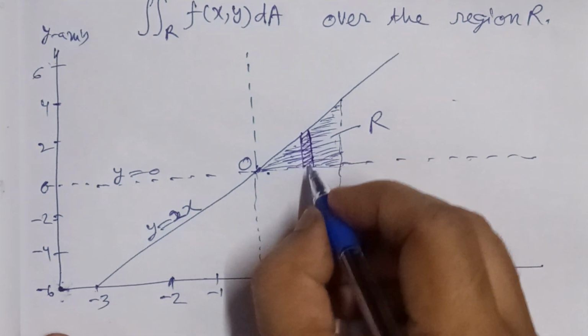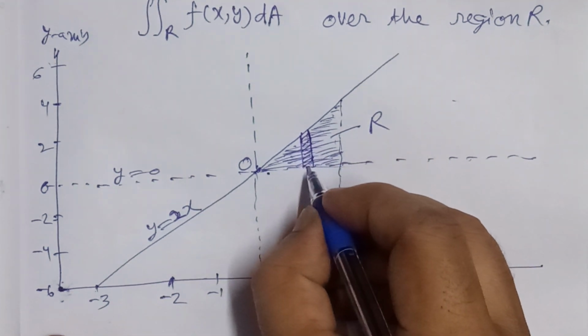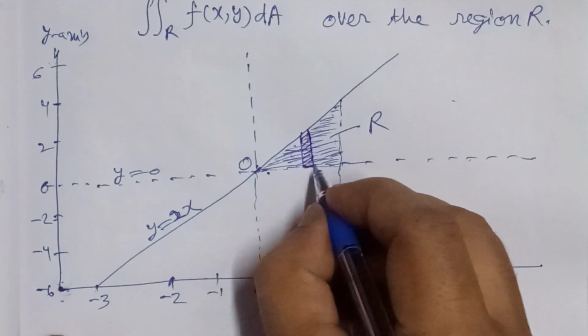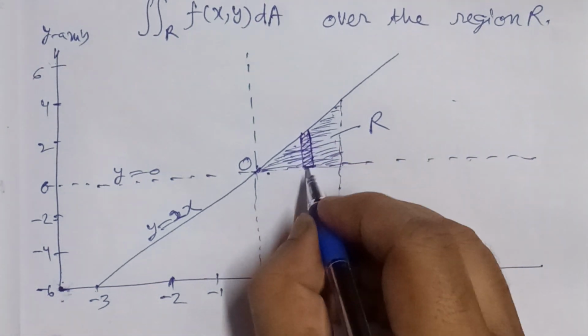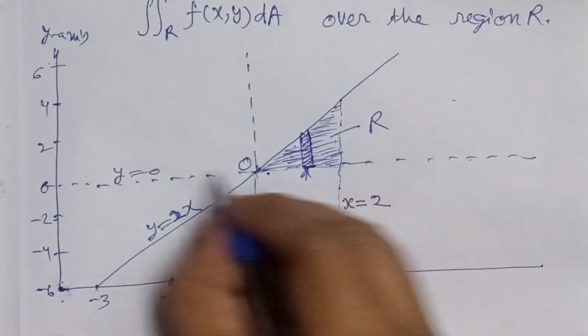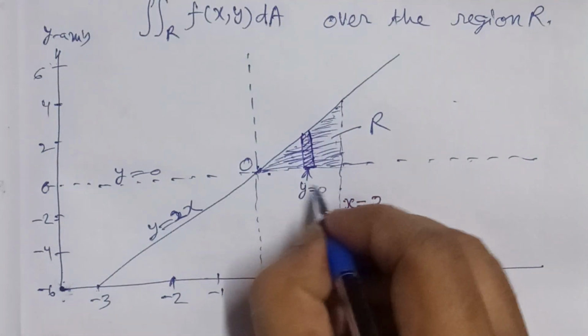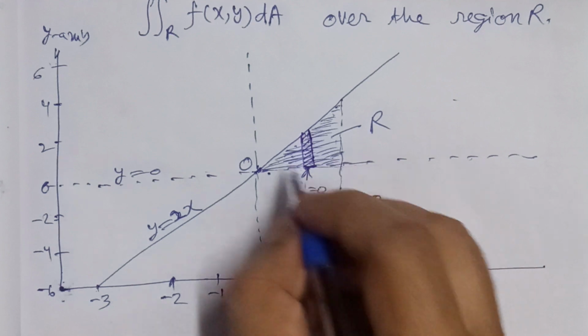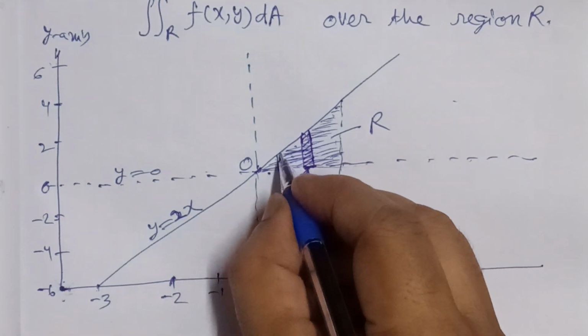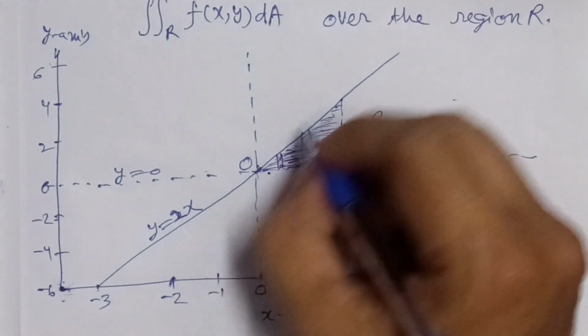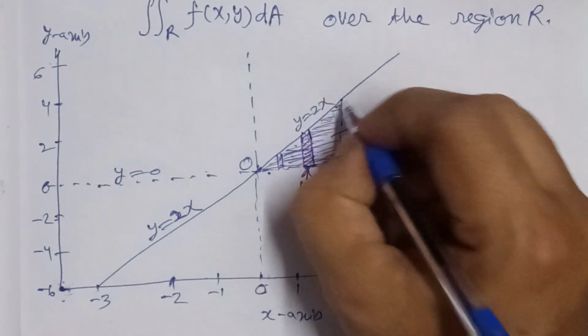This denotes length dx, and the strip starts from y equal to 0, because this line is y equal to 0, and all strips start from this line and end with this line. The equation of this line is y equal to 2x.